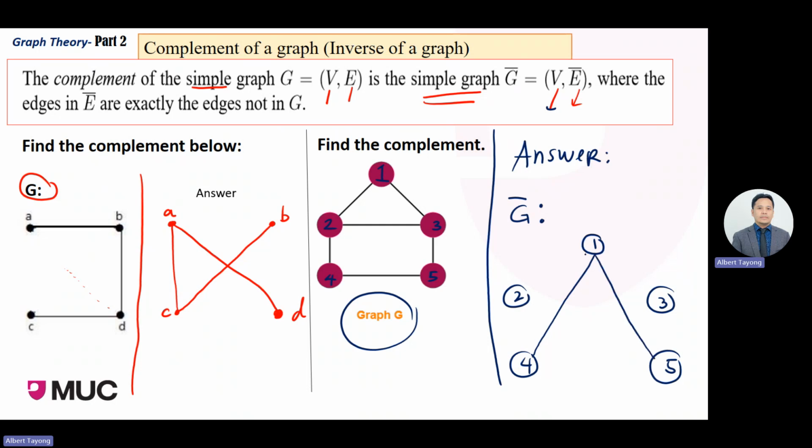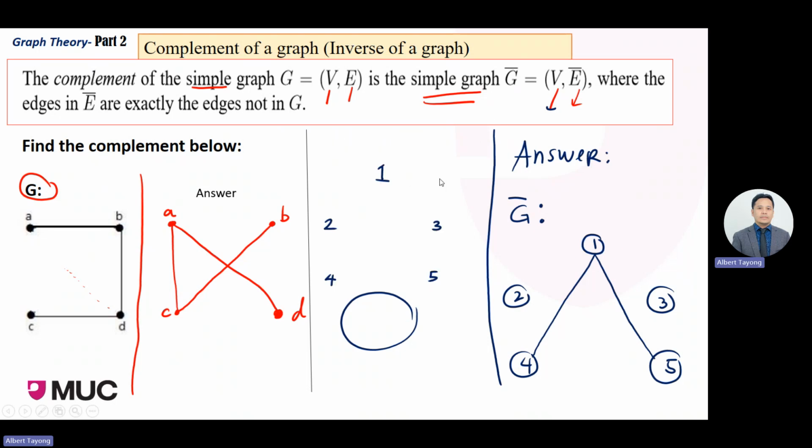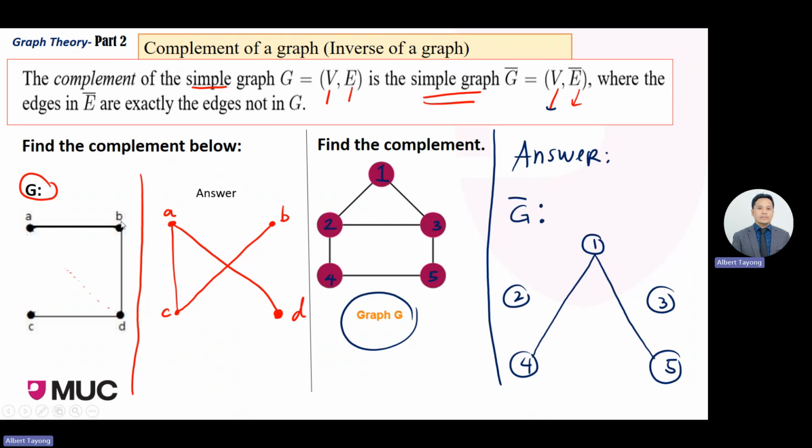As you can see, the lines from 1 to 2 and 1 to 3 are deleted because it's opposite. Here in our first example as well, the line from A to B is deleted, the line from B to D is deleted, and the line from C to D is deleted because it's opposite.